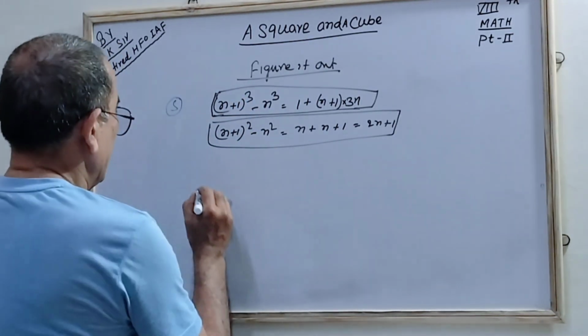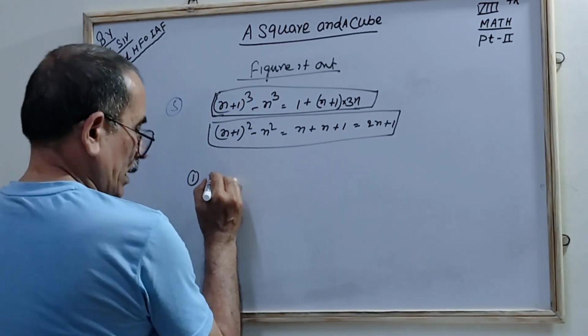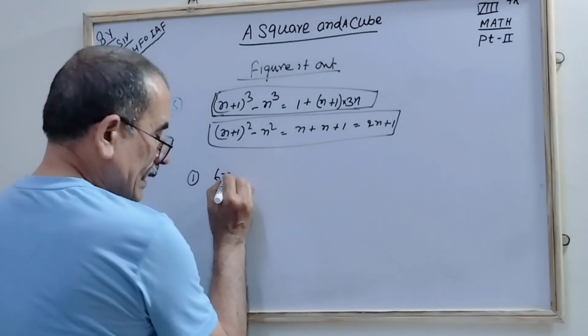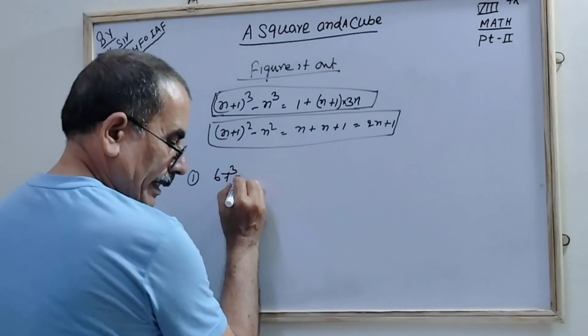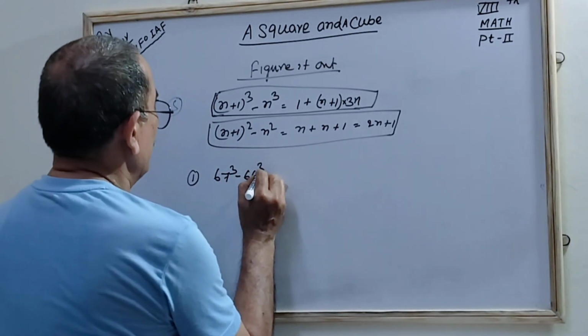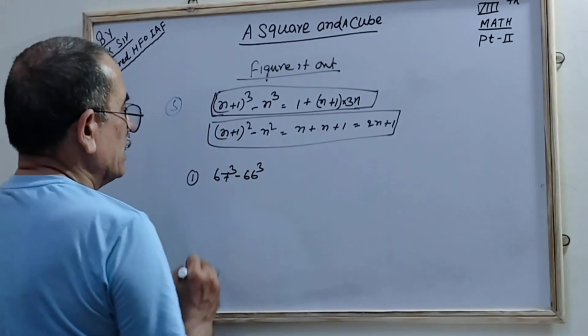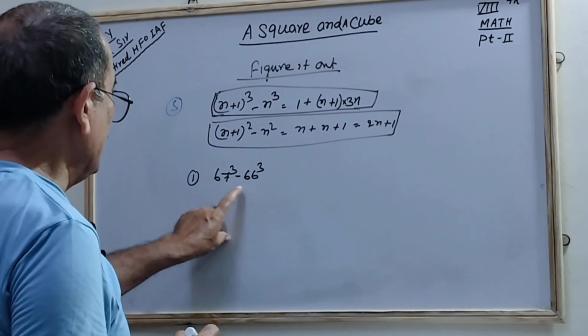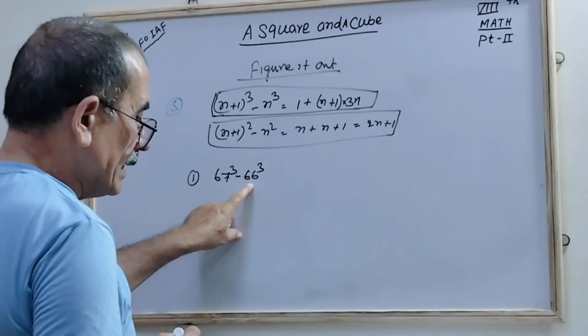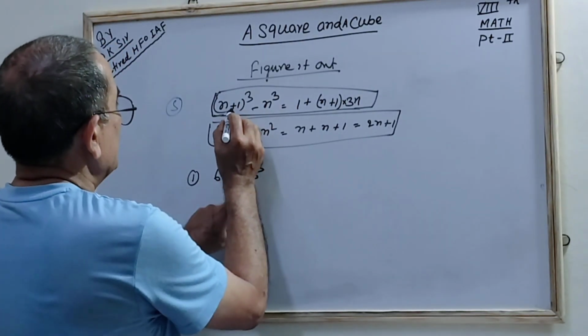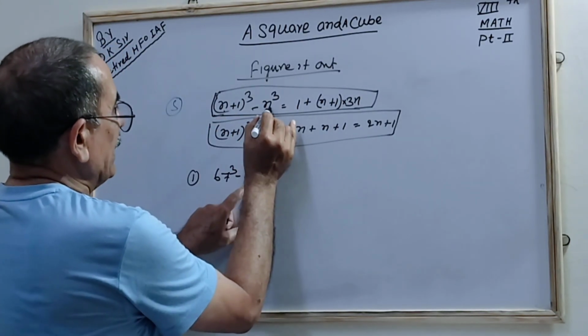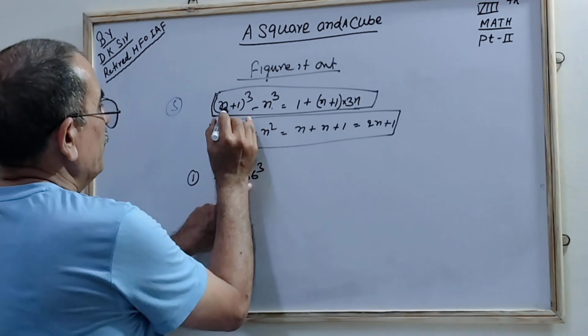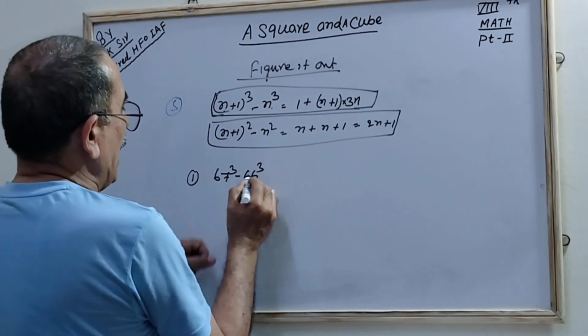Now we will see the math. The question number 1. The question is 67 cube minus 66 cube. Can you see? It is consecutive. It is 67 and 66 there. So you can see (n+1) cube minus n cube, which means it is 1 higher than that.